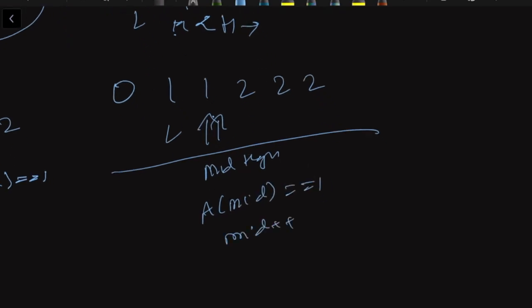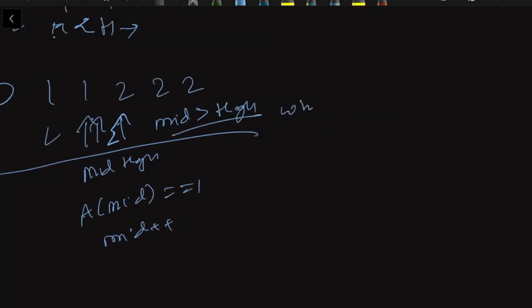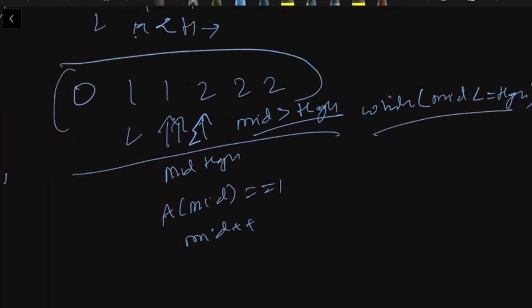As soon as mid comes here, mid is greater than high, which violates the condition of the while loop, and the loop gets terminated, and then you can return this whole array.